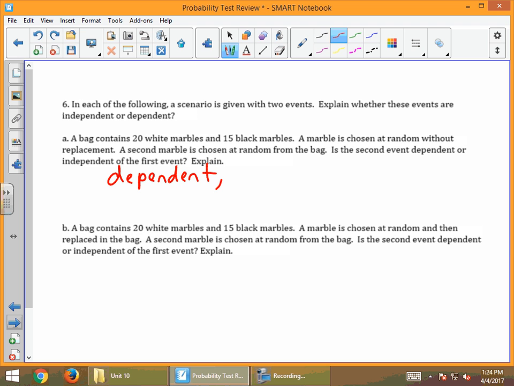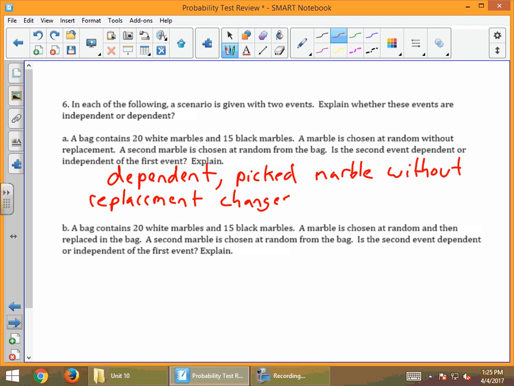Picked marble out. Replacement changes the probability of the second.